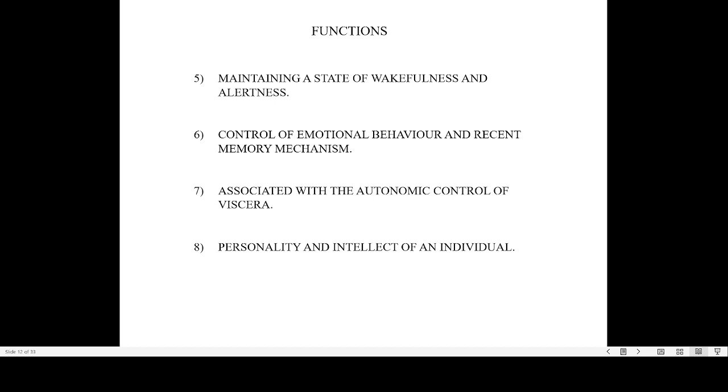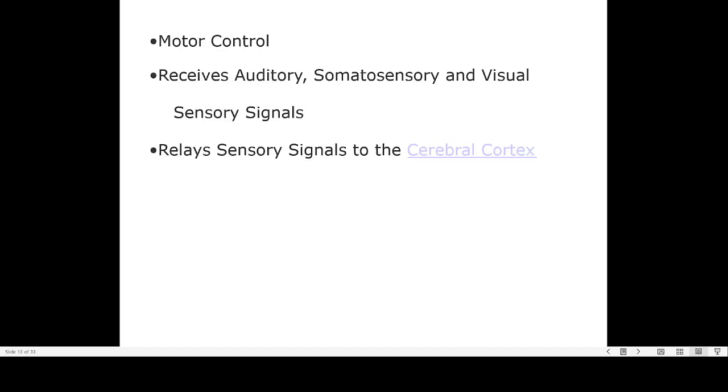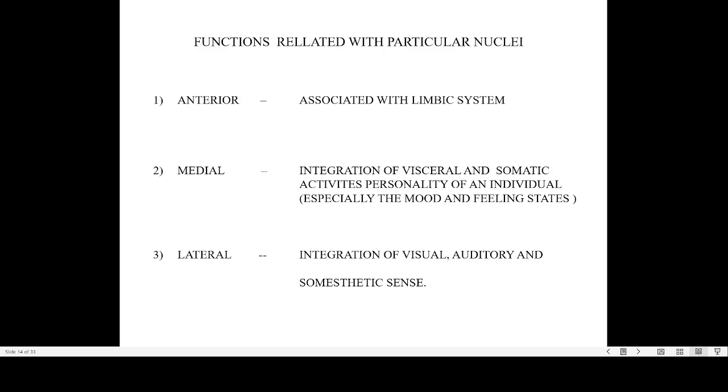Personality and intellect of an individual is also an important part of its function. It also has motor control, and mainly it receives the auditory, somatosensory and visual sensory signals and relays sensory signals to the cerebral cortex. So these are the functions of the thalamus.